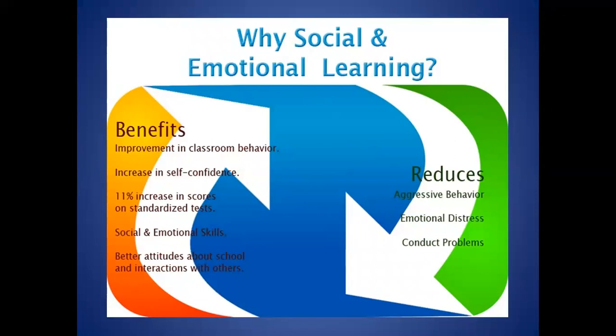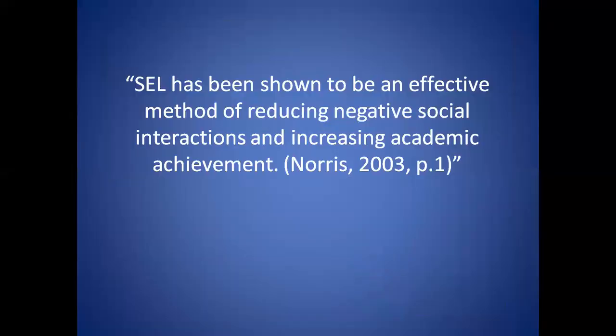What this means is when social emotional learning is taught, teachers can help students reduce their aggressive behaviors, reduce their emotional distress, and eliminate or at least make fewer the number of conduct problems in the class. And I promise I'm going to get through with the research in just a minute.